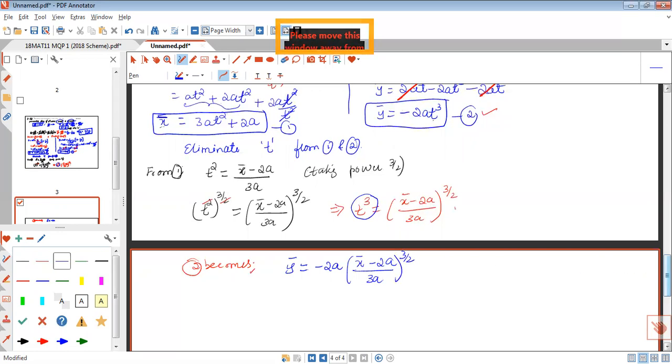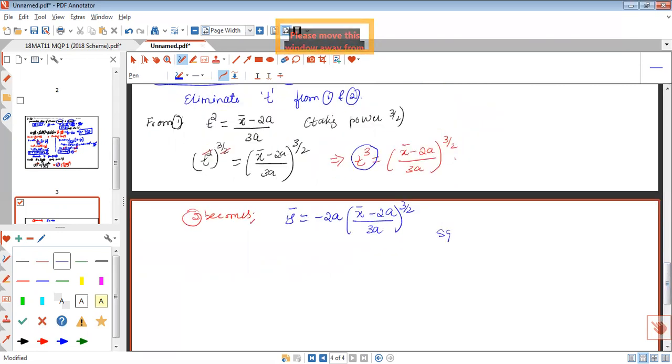Squaring on both sides, you will get y bar square is equal to squaring minus 2a, that is 4a square, because negative square is positive, and here you will get x bar minus 2a by 3a. While squaring, square and square root cancel, so the power 3 remains, right?